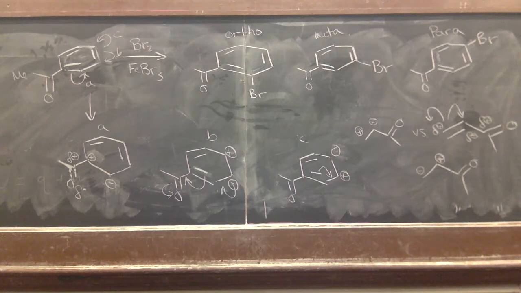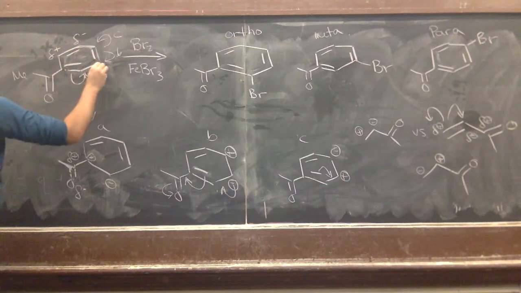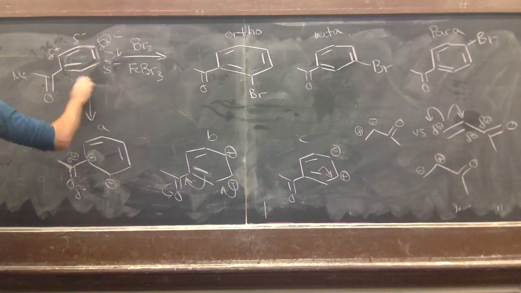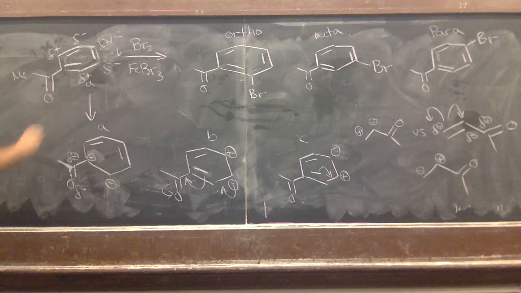And within that, what we're saying here is in a system like this, if that's your delta minus, that's your delta plus, that's your delta minus, that's your delta minus, that's your delta plus, I'm just sort of going around the ring here, and where my delta minuses are, those are the more nucleophilic carbons.